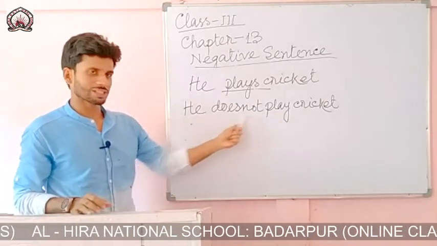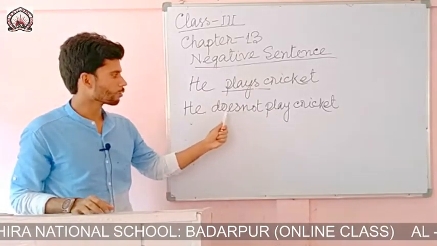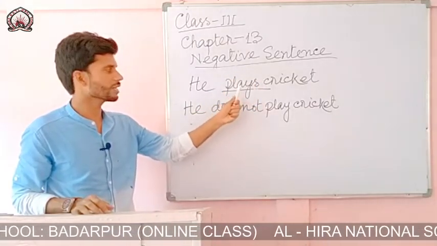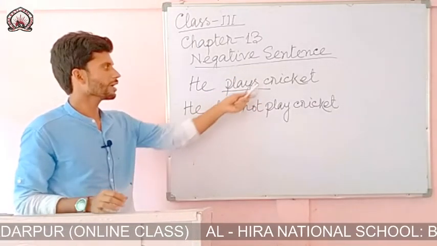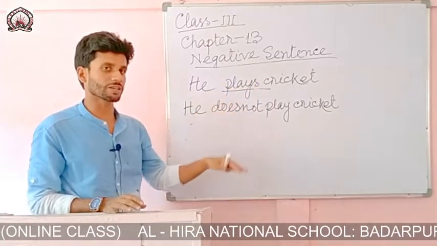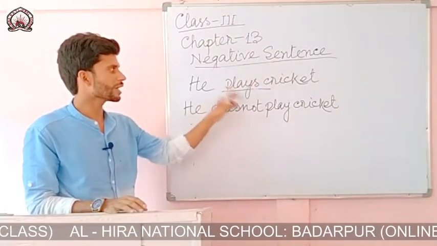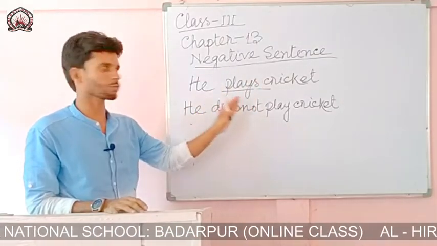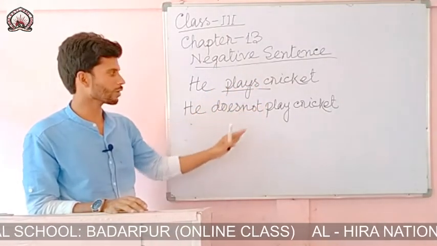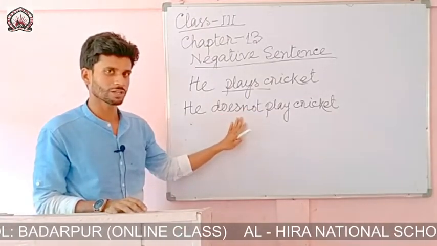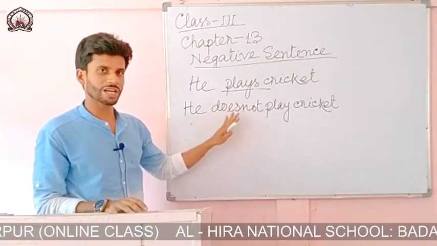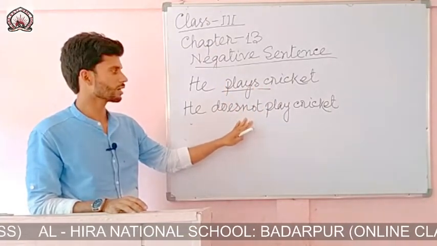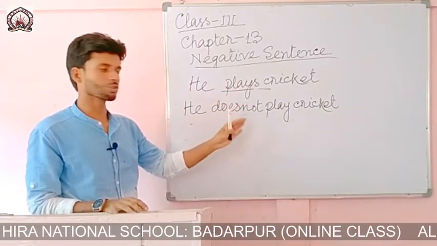So does not comes when the verb is in simple present tense, and s or es is there with the verb. In the same simple present tense, in the other case, we shall write do not.